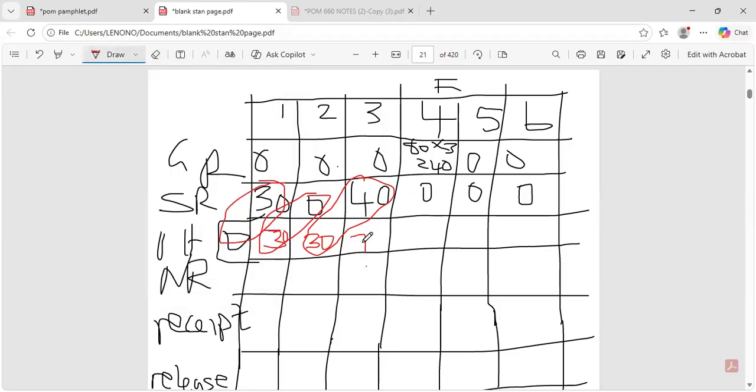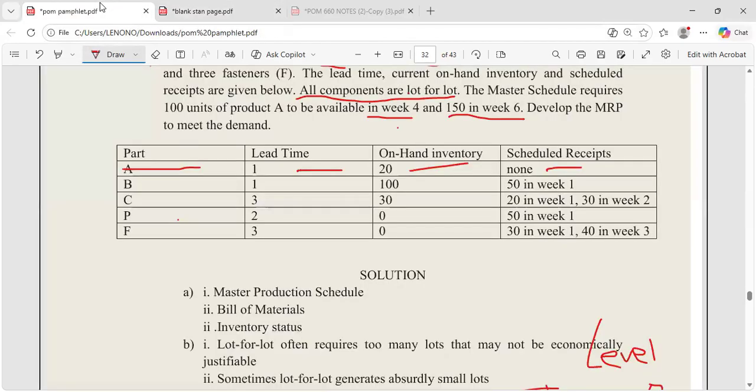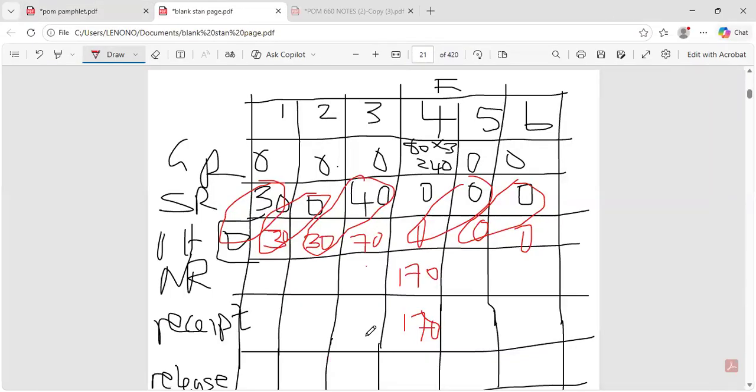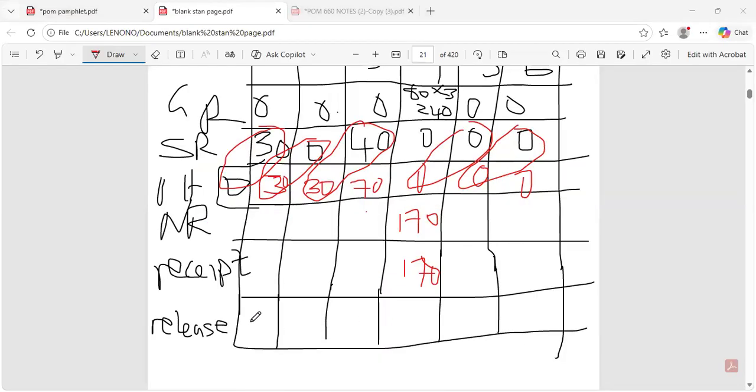Week 4, it's 170. Correct. 170, you order the same 170. You sort out this minus that one, so it's 0 and 0. So you now check the lead time. The lead time for F is 3. So this would have been released 3 weeks before, so it comes here.